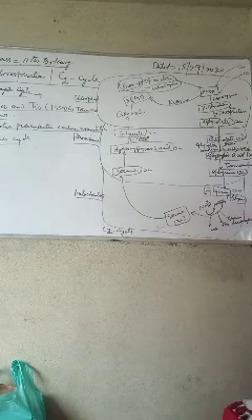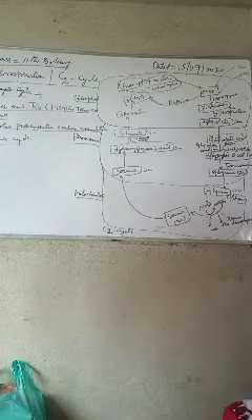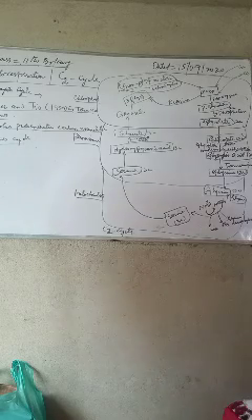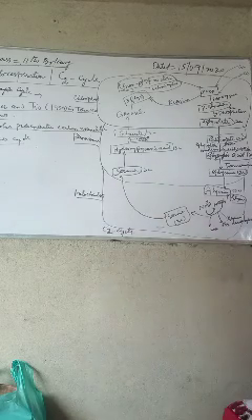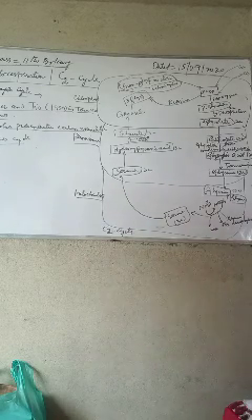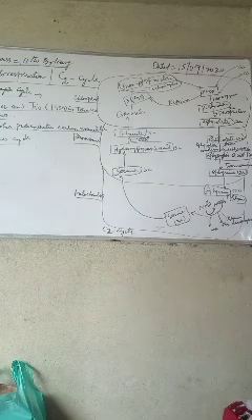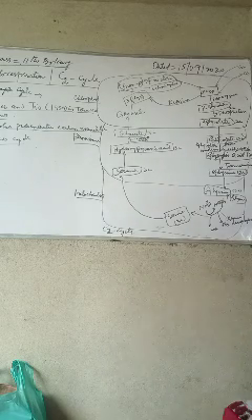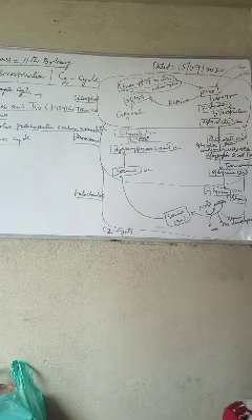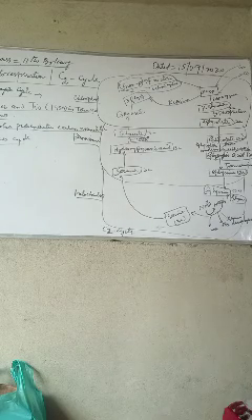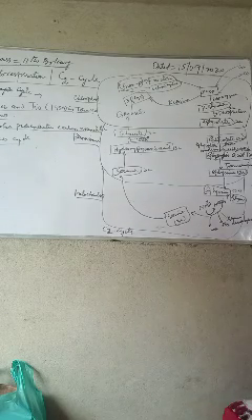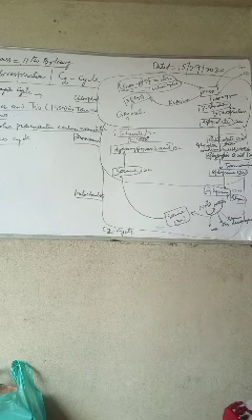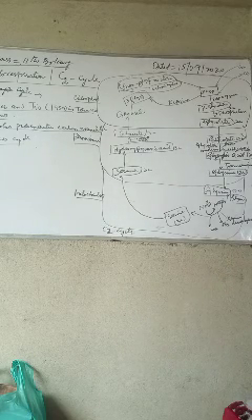In the previous lecture, we discussed the C4 cycle, or Hatch and Slack pathway, or dicarboxylic acid cycle. Today we will take up photorespiration. This photorespiration is also known as the C2 cycle or glyoxylate cycle.